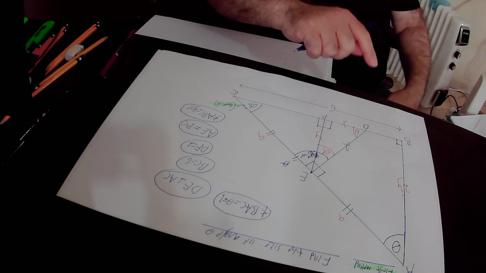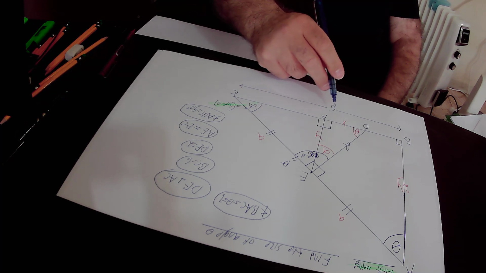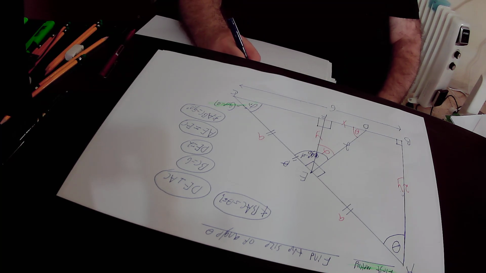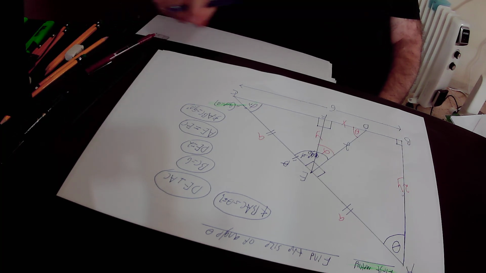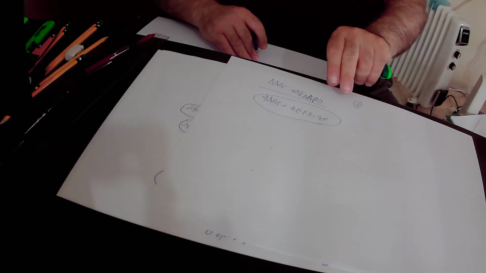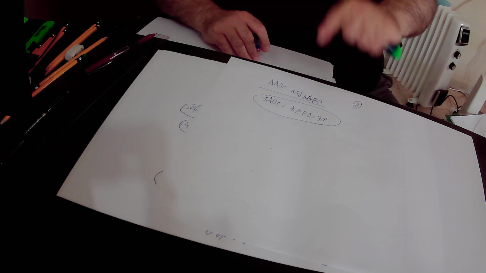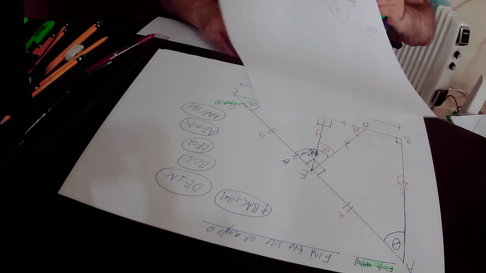So angle ABC in triangle ABC is equal to angle EFD in triangle EFD, and both angles are equal to 90 degrees. They are right angles.